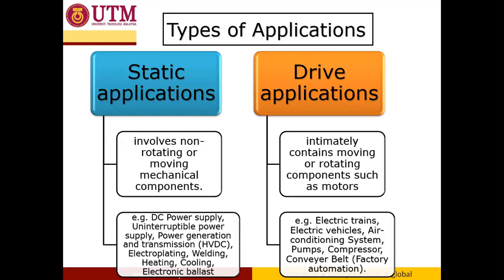For example, DC power supply, the uninterruptible power supply, which is UPS, HVDC, heating, cooling, electronic ballast, and so on. While the drive application is mostly related to controlling the motion of a motor, DC motor or AC motor, and the application can be found in electrical trains, our LRT, electric vehicles, and so on.